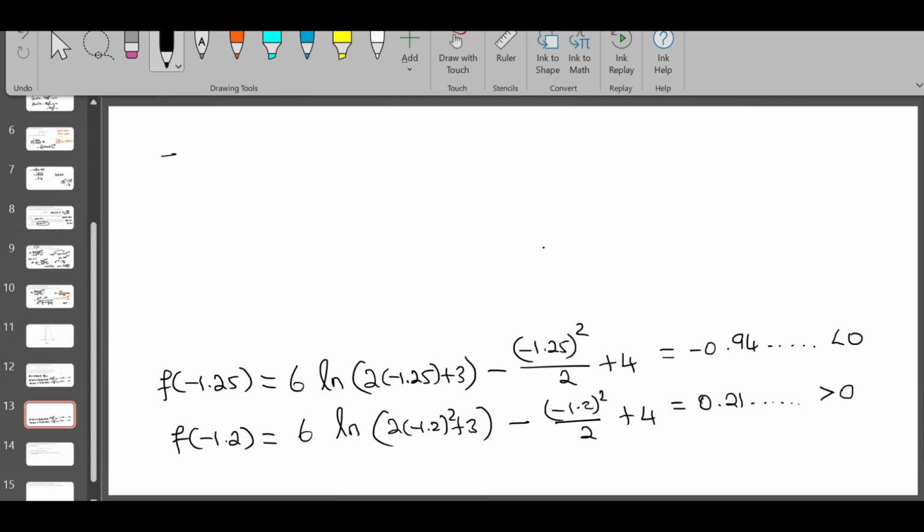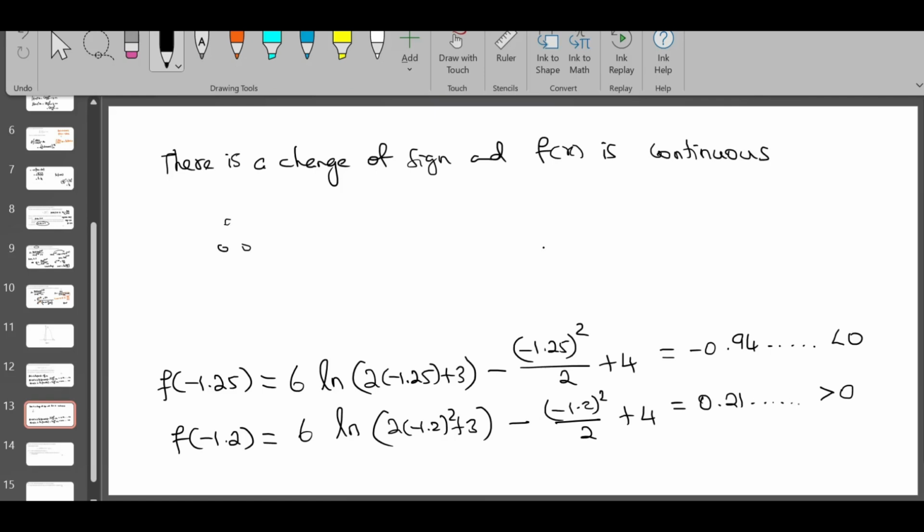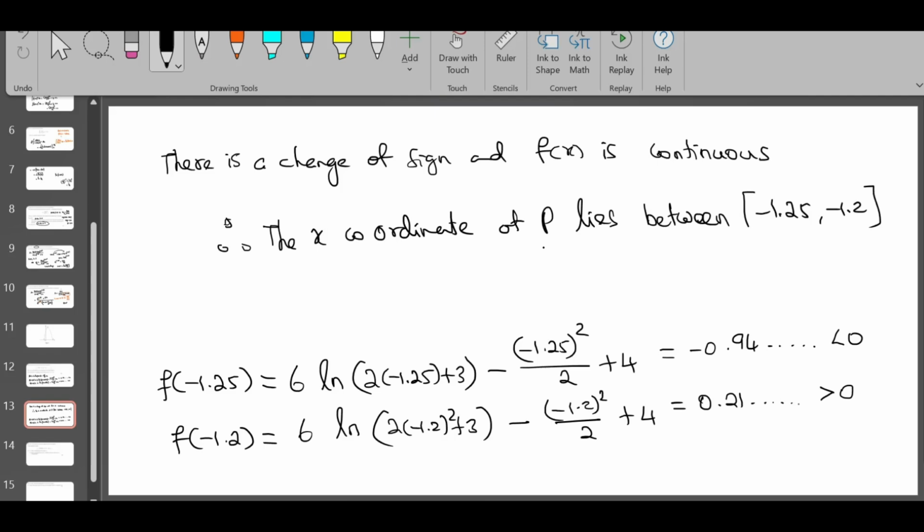We need to write there is a change of sign and f of x is continuous, therefore the x coordinate of P lies between minus 1.25 comma minus 1.2. You have to write the conclusion.